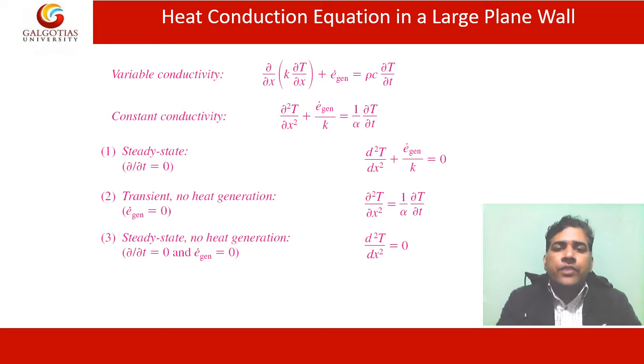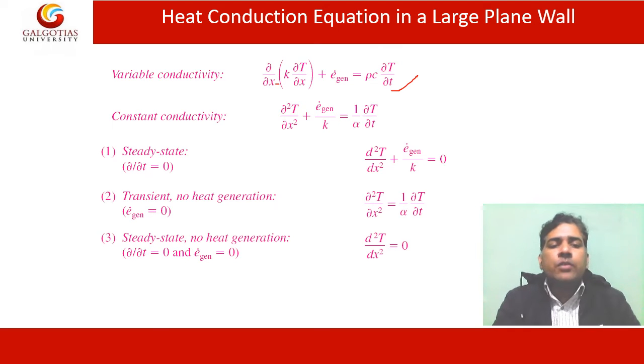So we can write this equation as del over del x of k del T over del x plus E generation equal to rho c del T over del t.